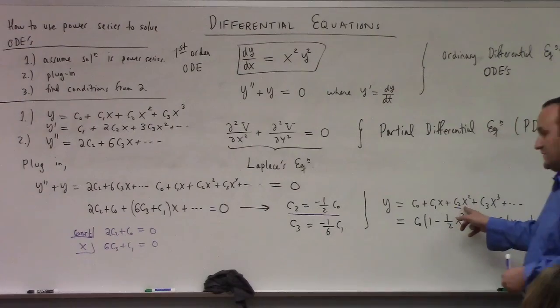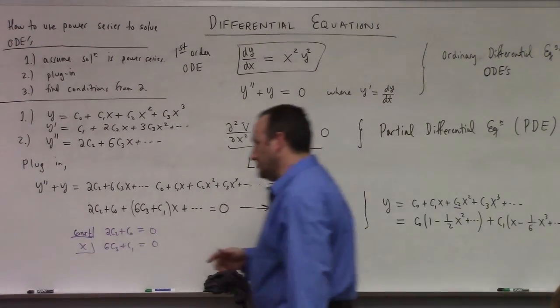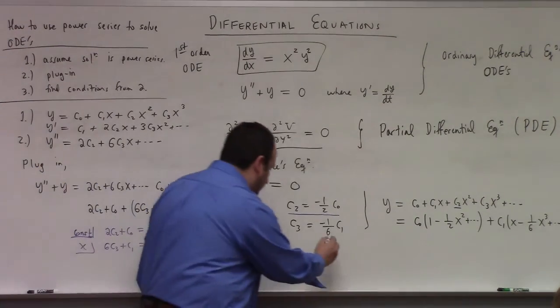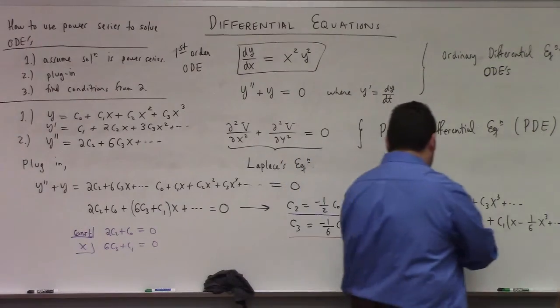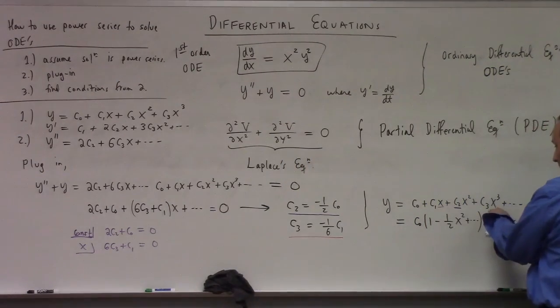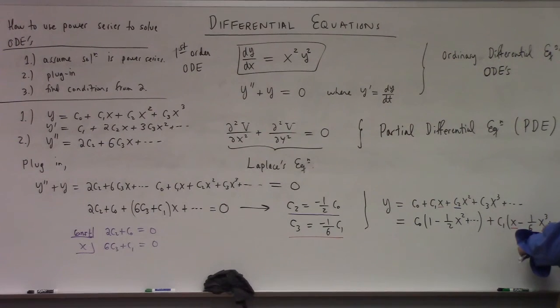Yes, the x squared was there to start with because we assumed that the solution's a series. The other one, the x is the x, c1x, and then we just found that c3 is minus 1/6 c1. So I factor out the c1 and leave the minus 1/6.